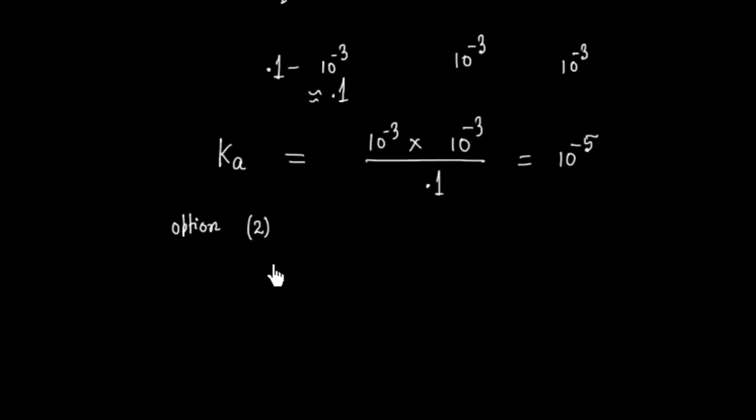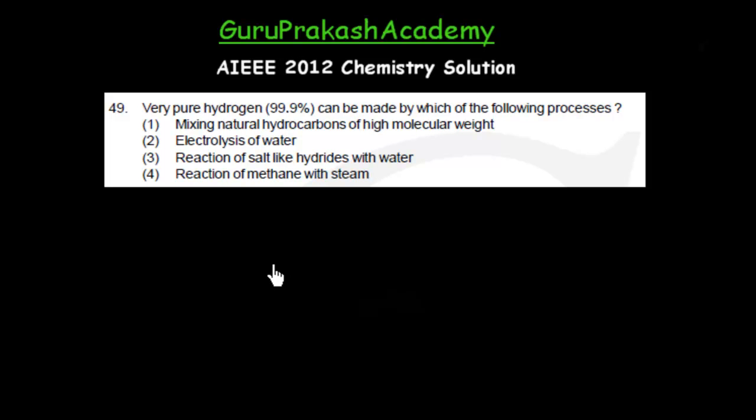This is a very straightforward question. This is again a fact based question from the inorganic chemistry chapter, from hydrogen. The question says very pure hydrogen can be made by which of the following processes.